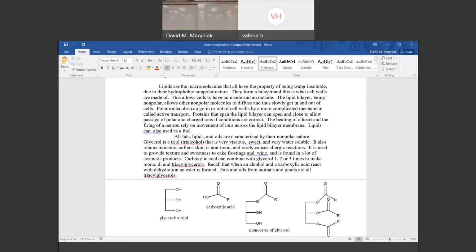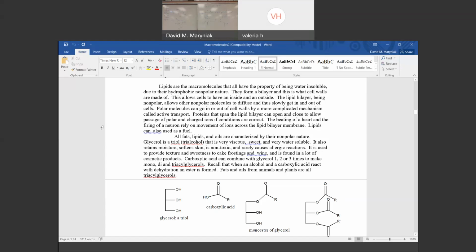So the way you remember that is lipids are nonpolar, they don't dissolve in water. So anything that's nonpolar is going to be lipophilic. How about ethanol? Lipophilic or hydrophilic? So ethanol's got that OH group. It's a pretty short carbon chain. It's going to dissolve in water, hydrophilic.